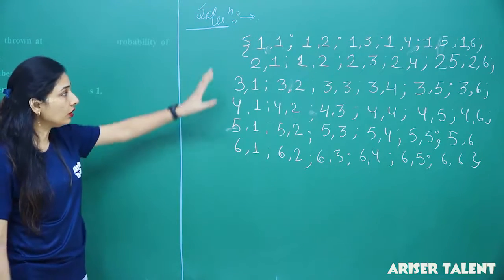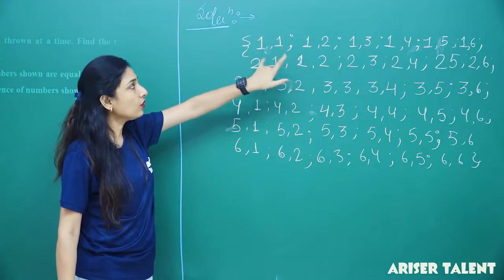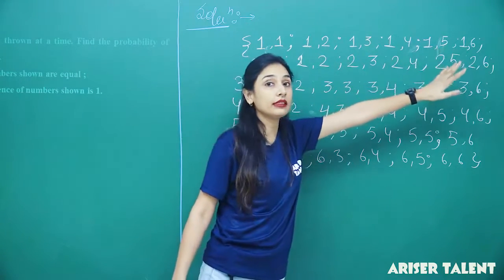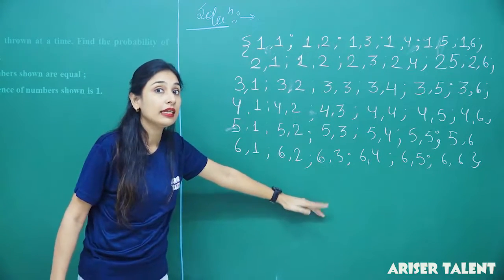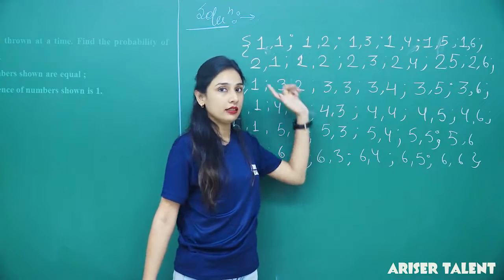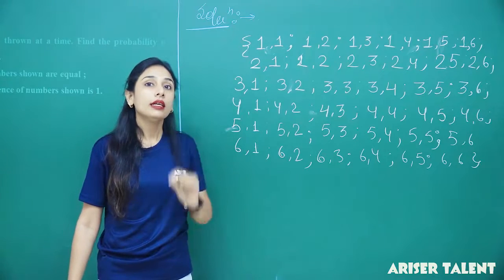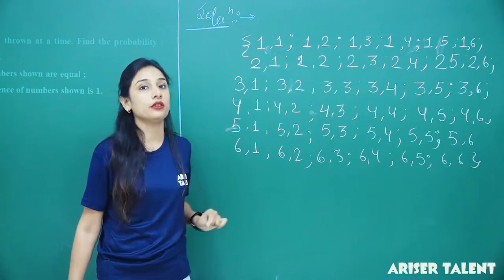Right. So if I go with the combinations, there will be 1, 2, 3, 4, 5, 6, and that's 6. That means the total is 6 multiplied by 6, 36. There may be 36 probable situations.